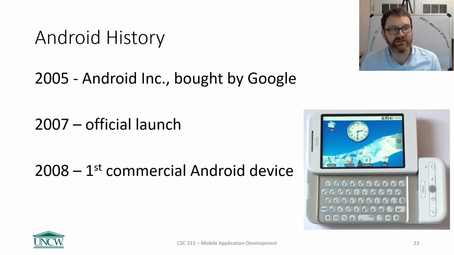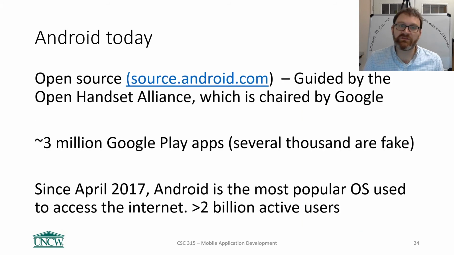It is the HTC Dream or the T-Mobile G1 here in the US, right? So Android today, though, right, Google produces a handful of Android devices. The Pixel devices come from Google. But far and away, most cell phones on the planet run Android.